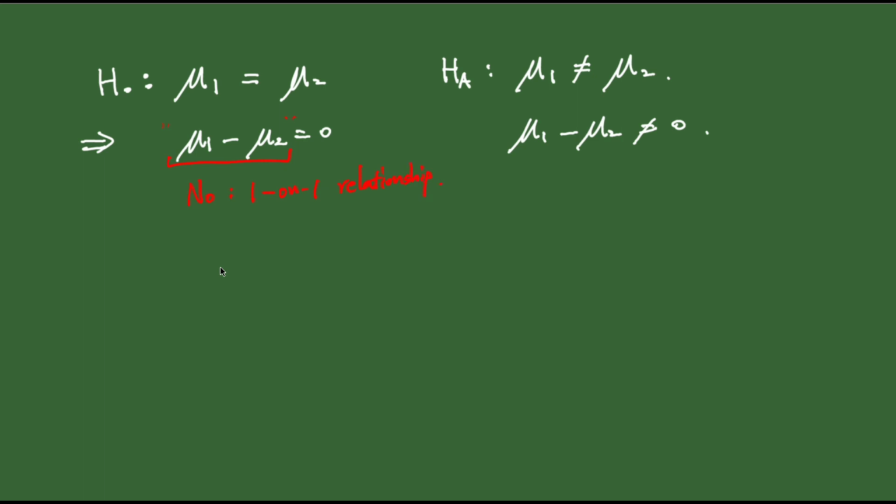The only information we can use is x1 bar for mu1 minus x2 bar for mu2, right?